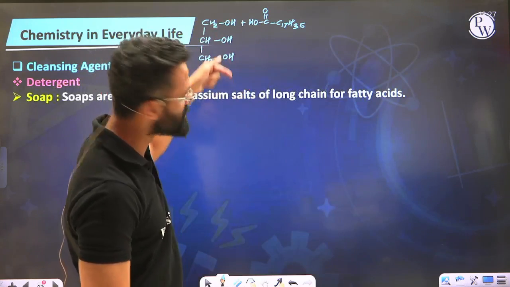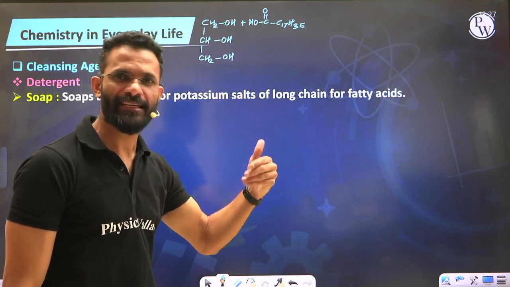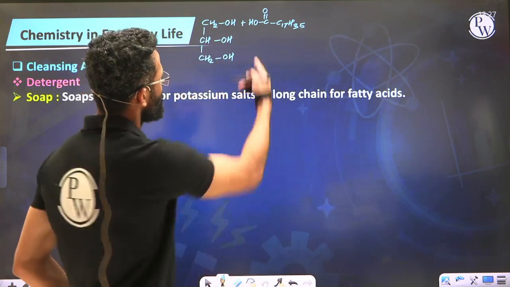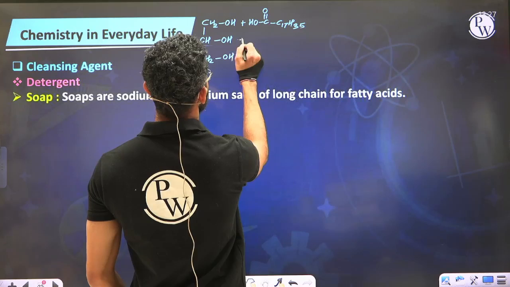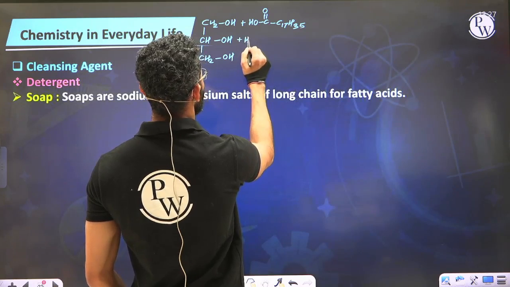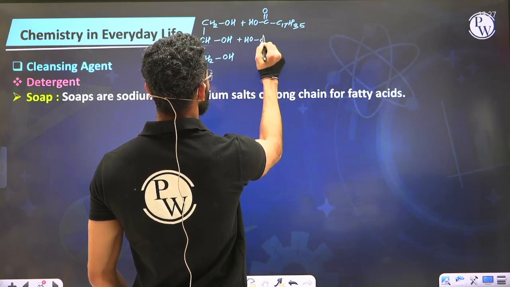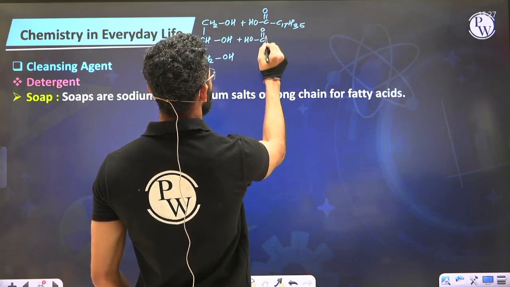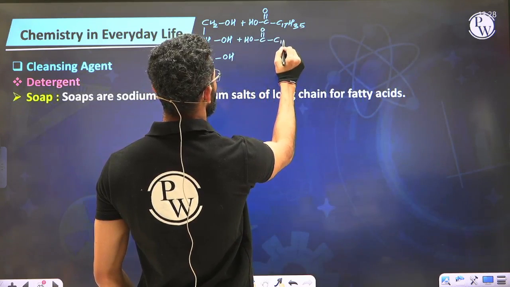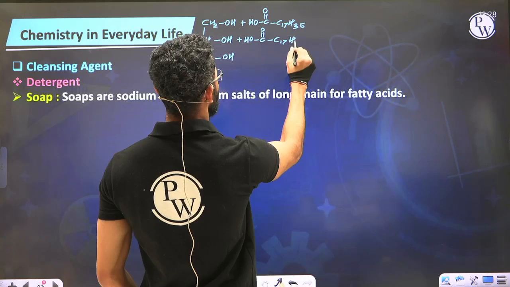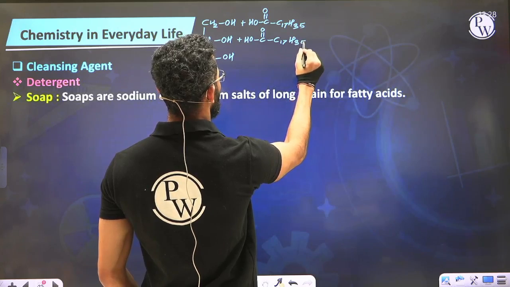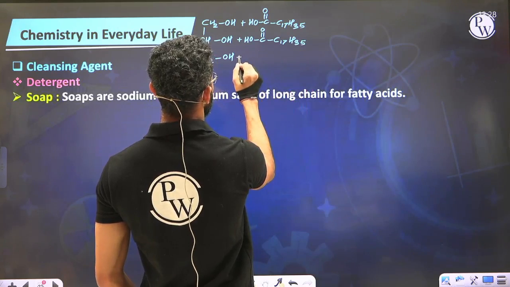Since I've got three such alcoholic OH groups, let's say I'm taking three equivalents of this stearic acid. This is the second equivalent, and here is the third.